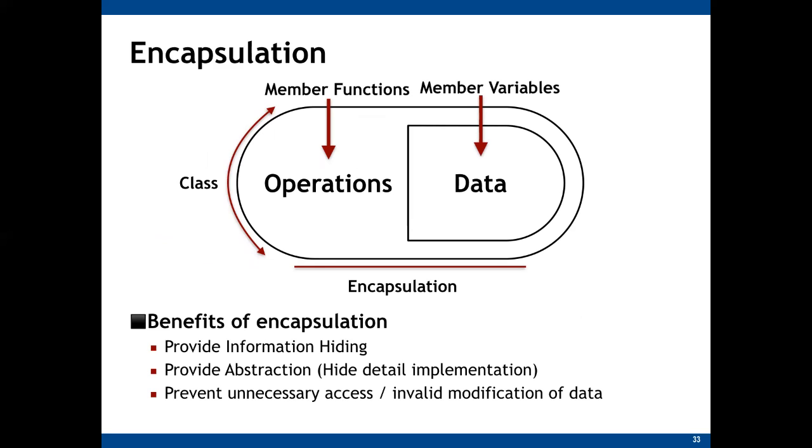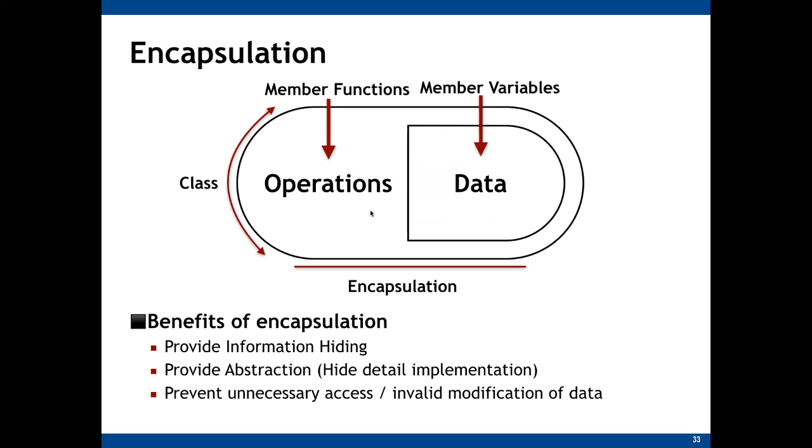One of the key concepts in object-oriented programming is encapsulation. As shown in this diagram, encapsulation is about binding data and the operations that manipulate the data together in a single unit. We can achieve this with a class.